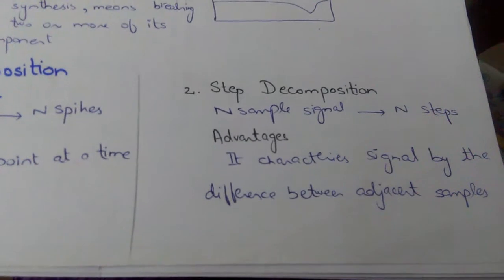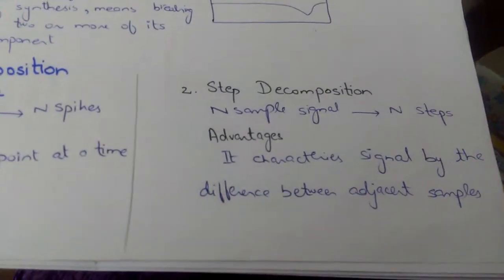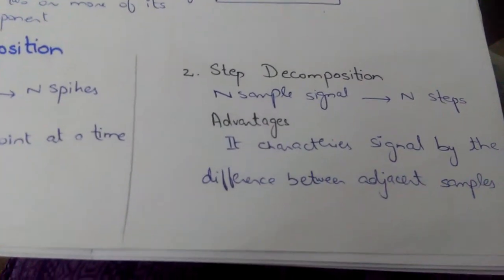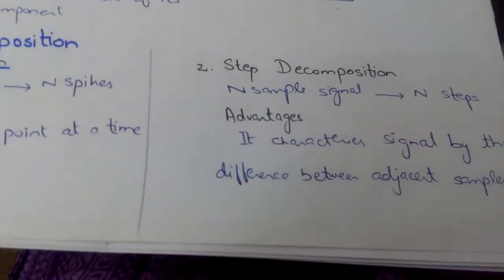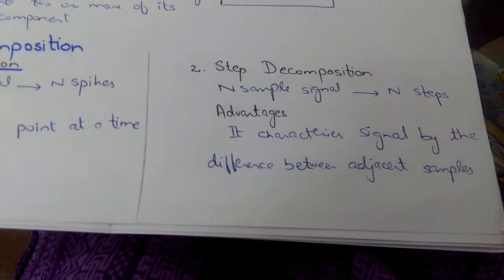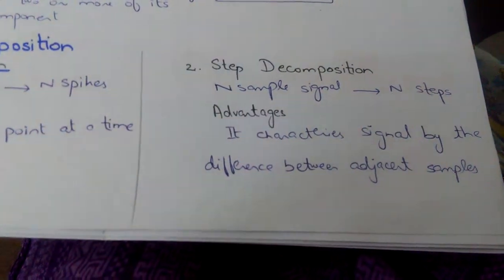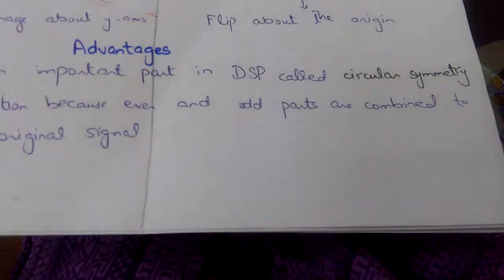The second is step decomposition. In step decomposition, an n sample signal is converted into n steps. Its advantages include: it characterizes the signal by the difference between adjacent samples.